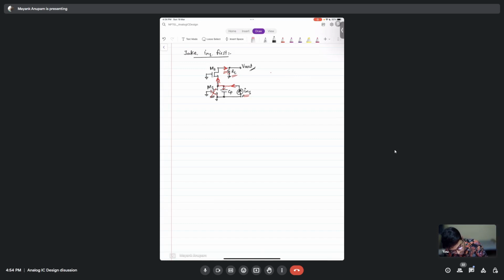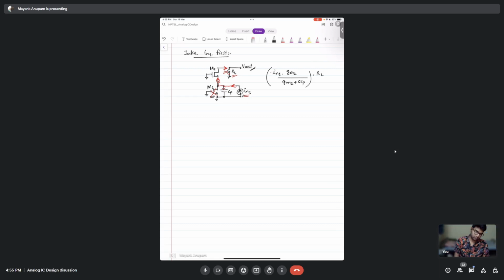It will be IN1 times GM2, divided by GM2 plus SCP, correct? Yes. And now what will be the voltage due to this? This is the current times RL, right?